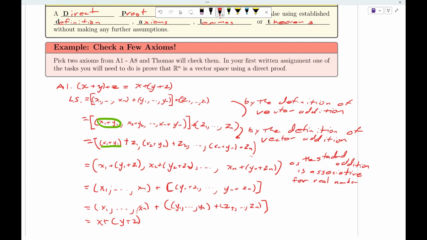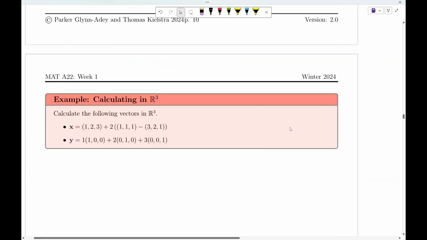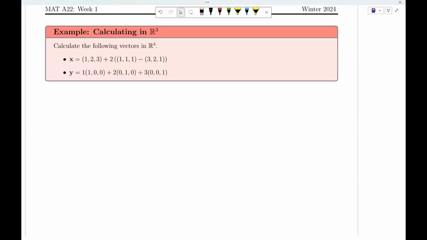Okay, I encourage you to go through the other examples on your own. Lastly, what we're going to do is look at calculating some vector addition using these n-tuples. So here what we have is x equals this expression. So we're going to start by calculating x. x equals (1, 2, 3) plus 2 times (1, 1, 1) minus (3, 2, 1). Just apply your brackets and your rules.